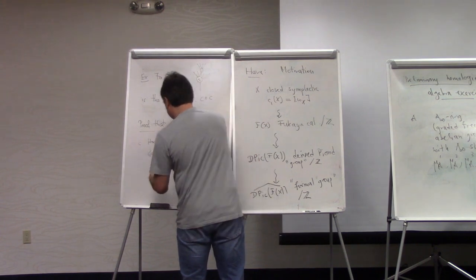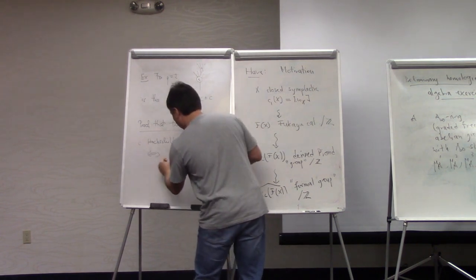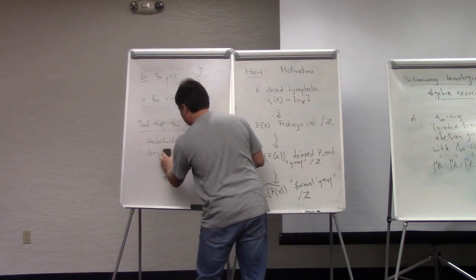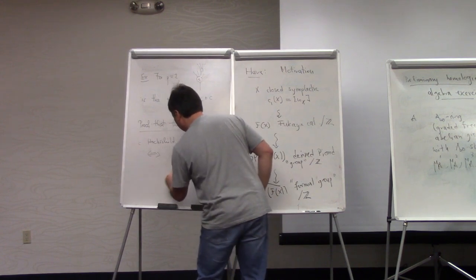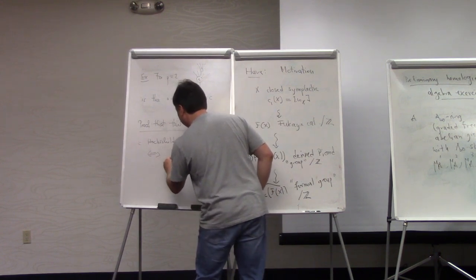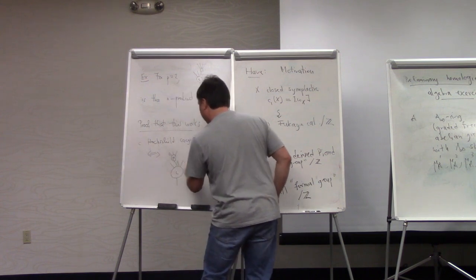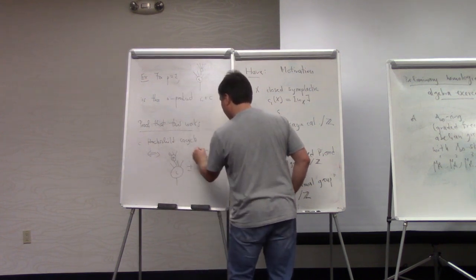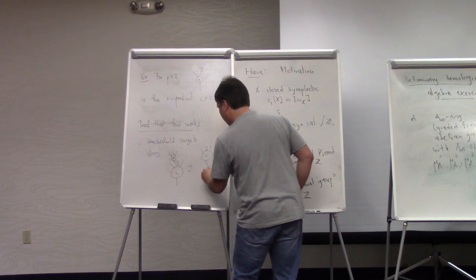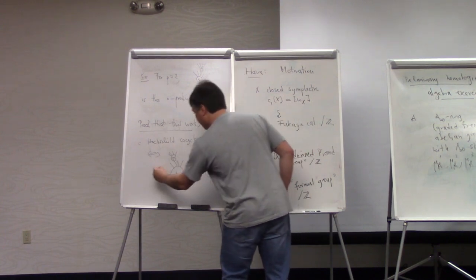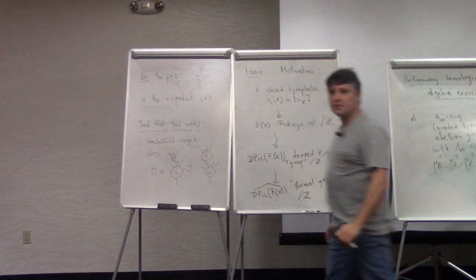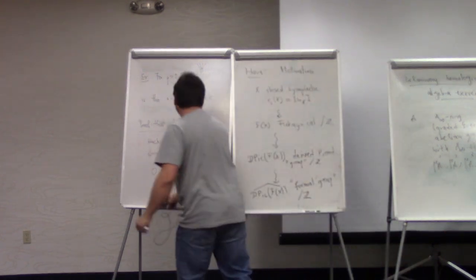Okay, so what does this mean in this graphical notation? The Hochschild differential works like this, up to signs. You put in the A infinity structure of the algebra here, and this is equal to 0.